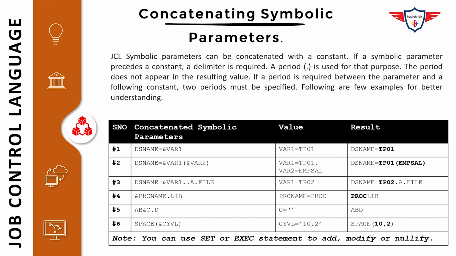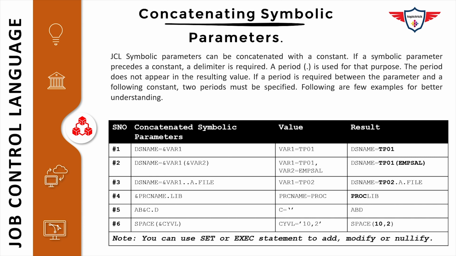Similarly, if you look at example number 4, I've used ampersand prcname.lib and I've assigned the value of the prcname symbolic parameter as proc. So the output is proclib. In example number 5, you have AB followed by a symbolic parameter C followed by D. And I've assigned a null value to symbolic parameter C and the output is ABD.